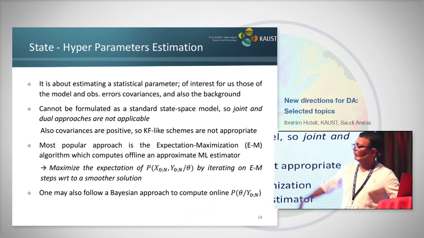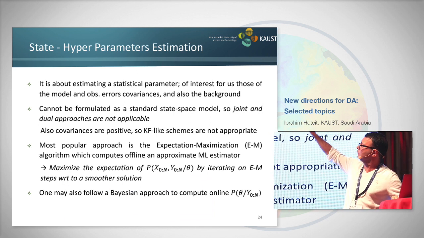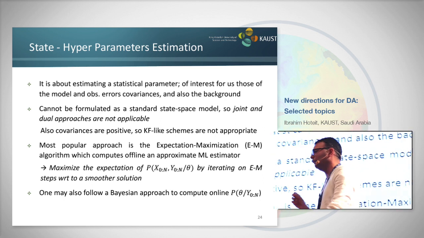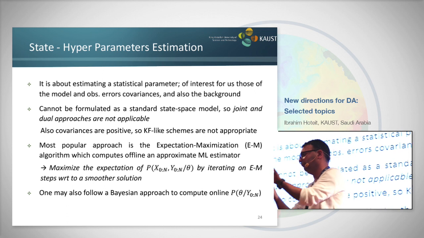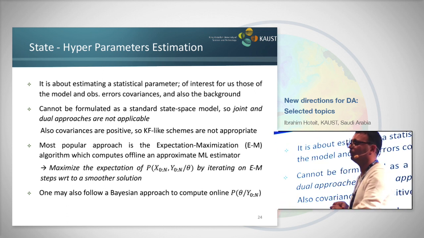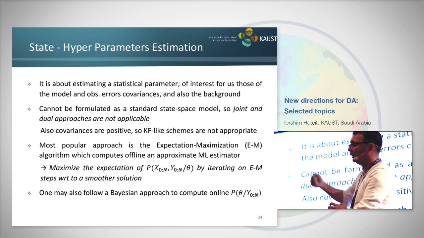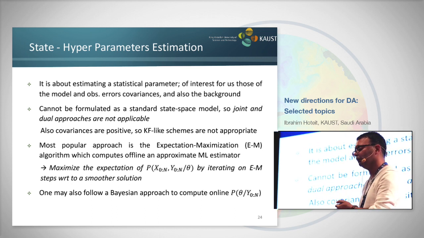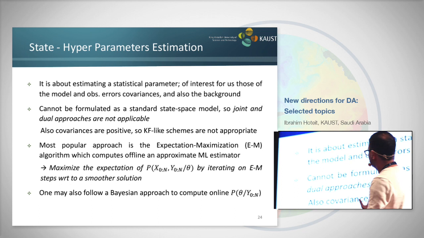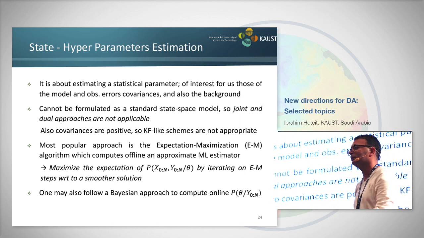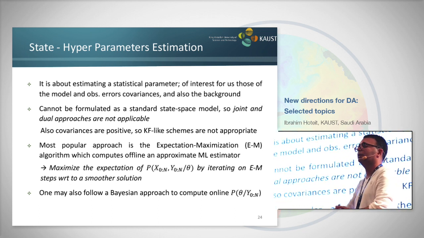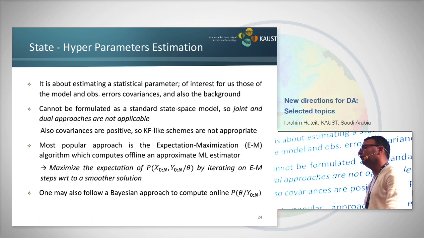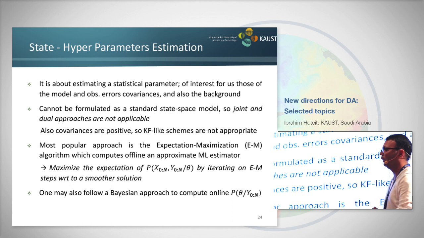Now this slide, forget what I wrote here, just look at the title. State hyperparameters estimation. One thing that the EnKF, or the filtering framework, can do is to estimate hyperparameters as well when we're running the filter. And hyperparameters are the parameters of the distribution. For instance, if you want to estimate the variance of the model error or the variance of the observational error, there are techniques to do that online while the filter is operating.